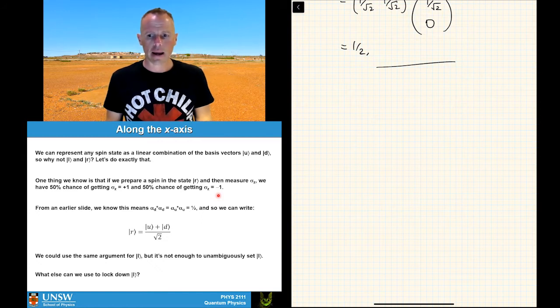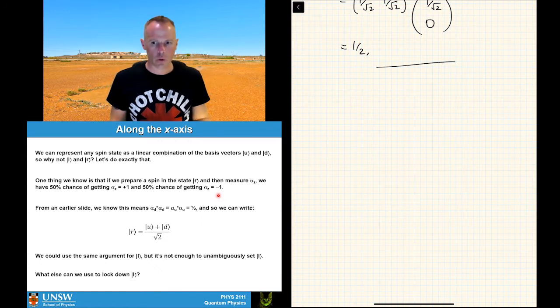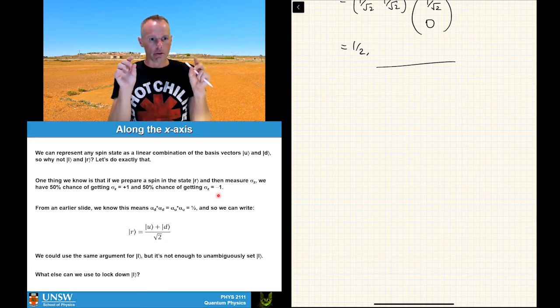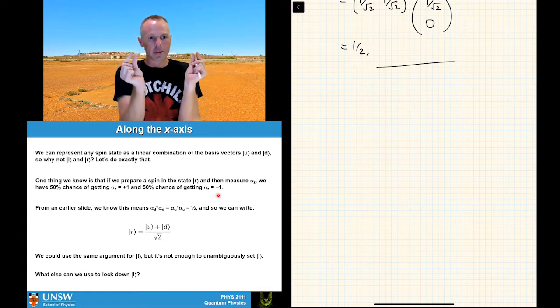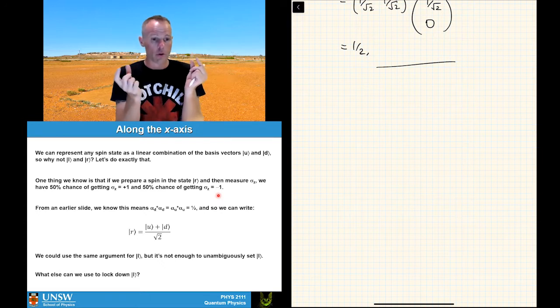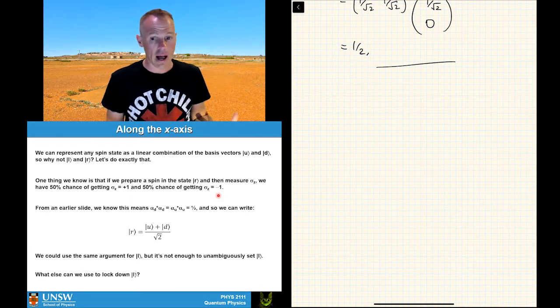If we think about it like that, then it's going to be something times its complex conjugate equal to a half, and the best thing we can think of is 1 over root 2, right? 1 over root 2's conjugate is 1 over root 2. You multiply 1 over root 2 with itself and you get a half.